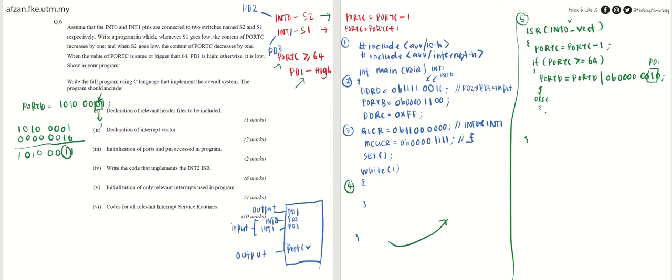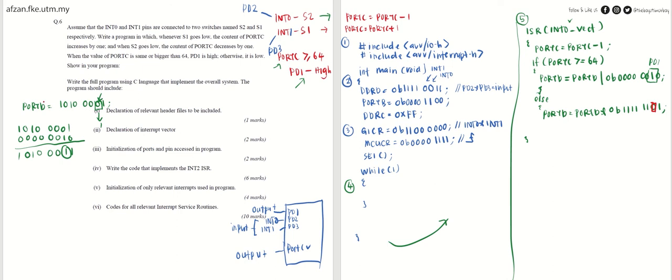Else, PORTD equals PORTD AND with 0B11111101. Why do I need to use AND here, not OR similar to the one before?